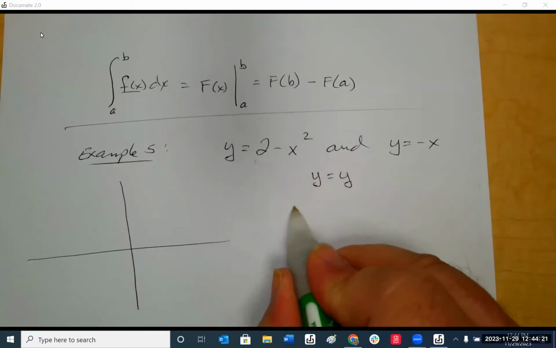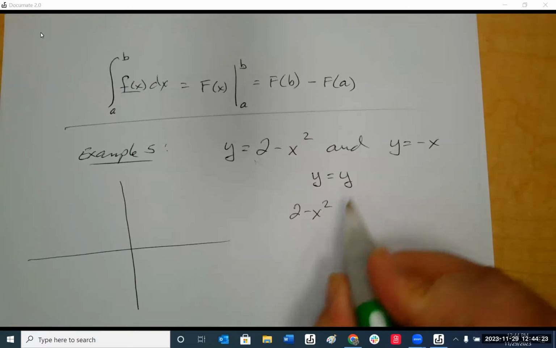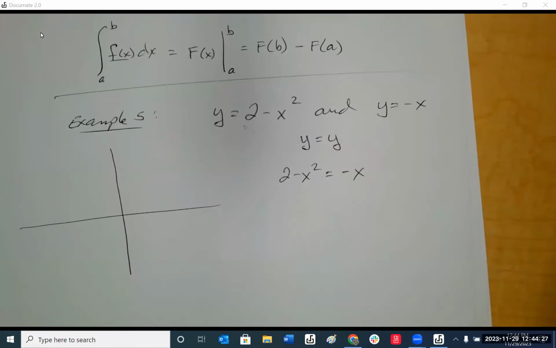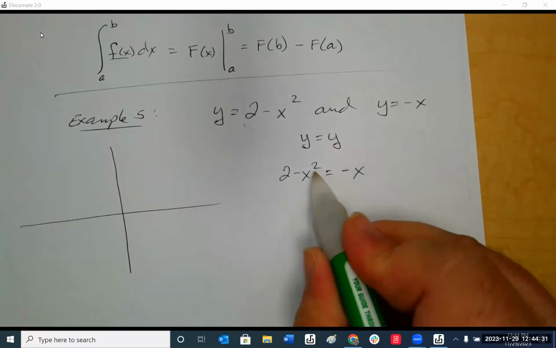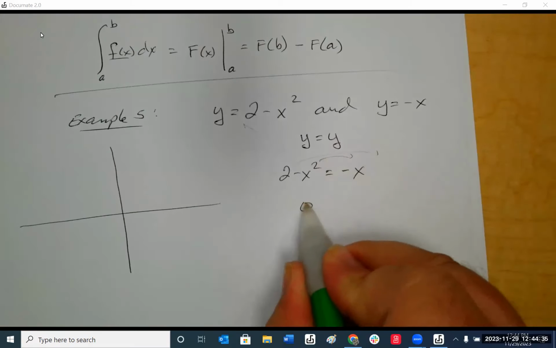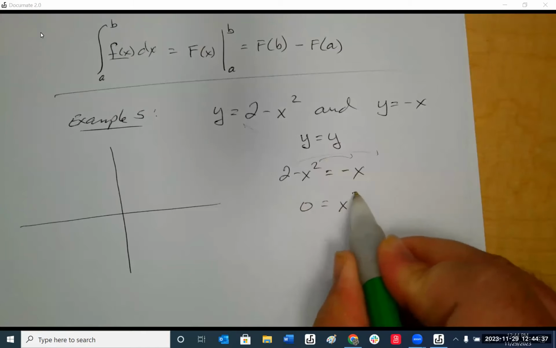So this one is 2 minus x squared, and this one's negative x. It's quadratic, so I'm moving everything over to one side, so the leading coefficient is positive.